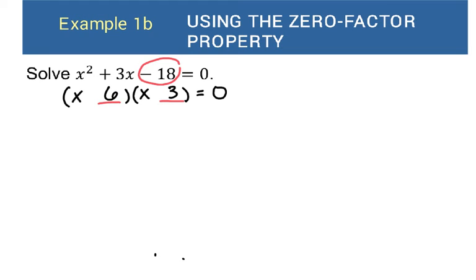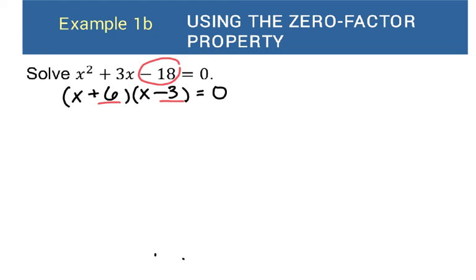And these two have to multiply to negative 18, so one of these numbers is negative, one of them is positive. Since we have a 3x here that's positive, I'm going to put my plus sign on the 6 and the minus sign on the 3. And we're done factoring, that is.